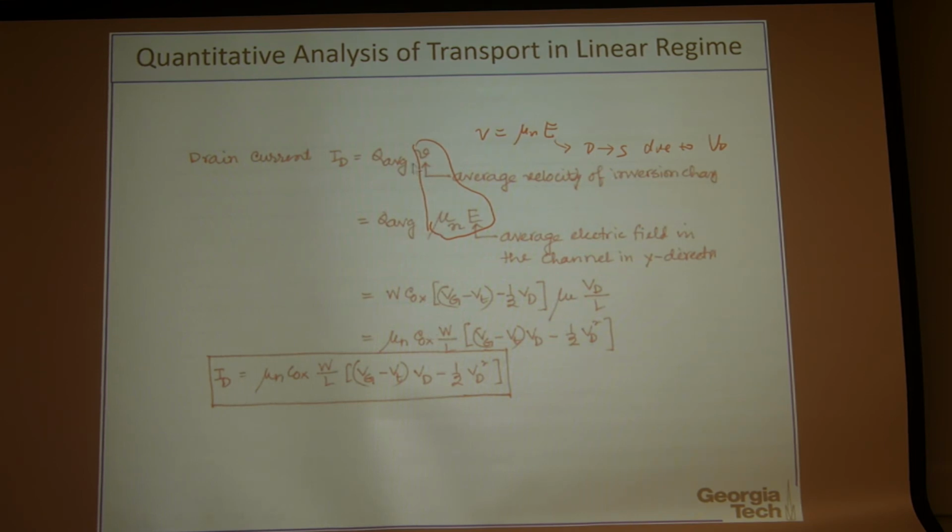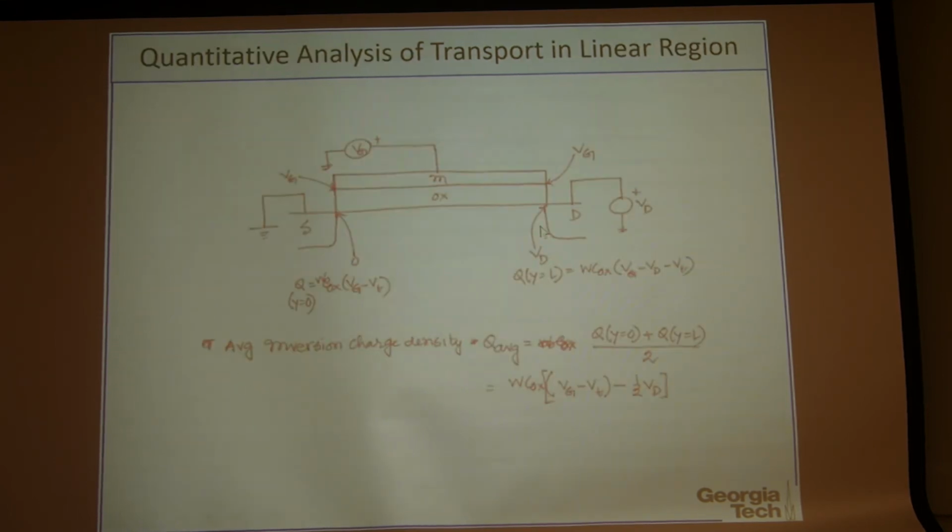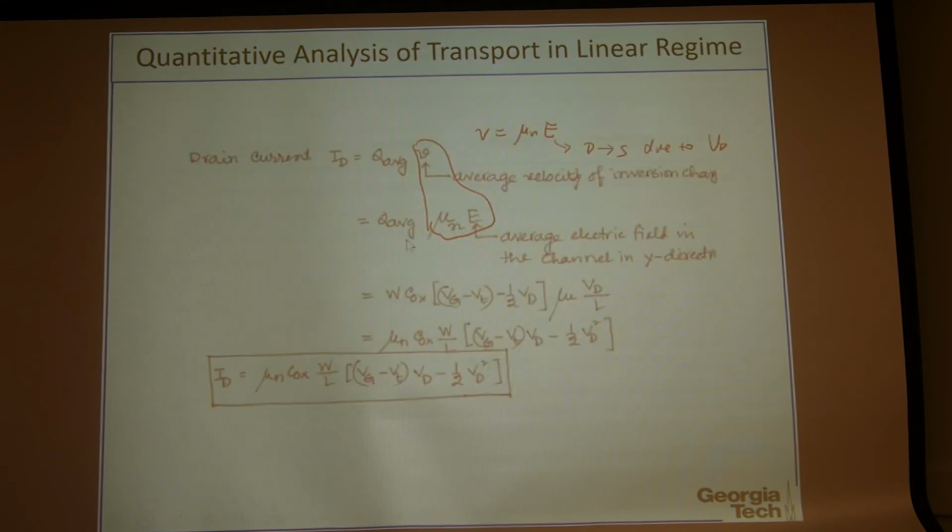So then we can plug in the Q average from the previous slide, which is this one. And then we plug in here and then multiply by mu n and E. So what is E? E is the horizontal electric field from the drain to the source.